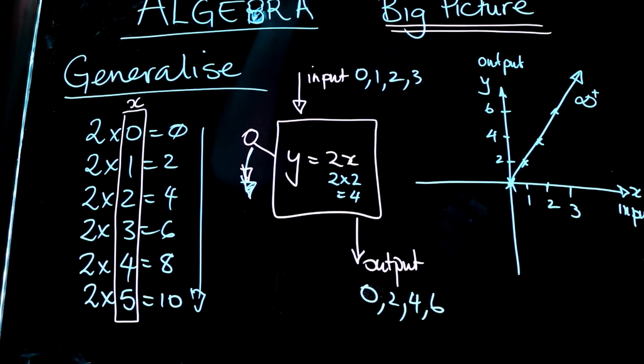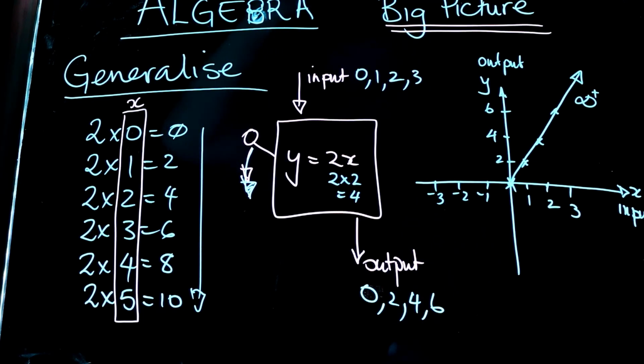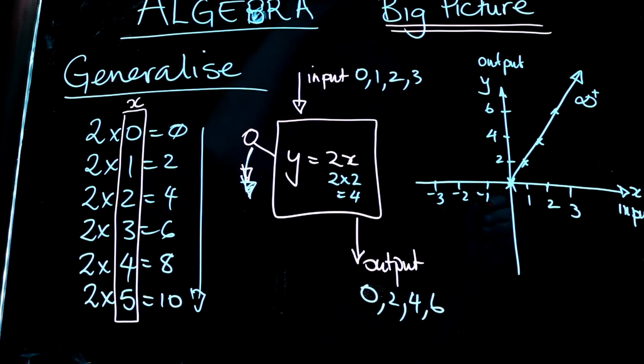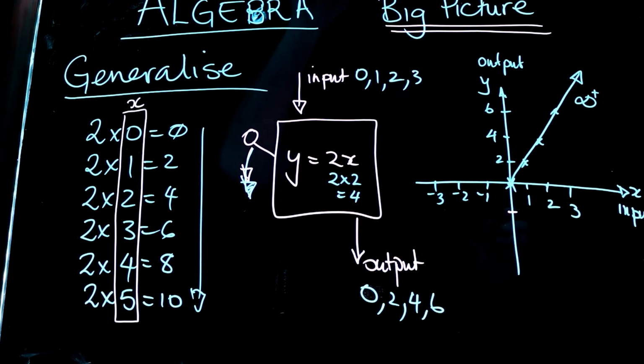And just as importantly, well, what happens if we put a negative number into this machine? What are we going to get out? The magnitude of the number is the same, but the sign is different. So I've just changed the color of my pen here, where we put in -1, we get -2 out. We put in -2 here into the machine as our input, and what do we get out?